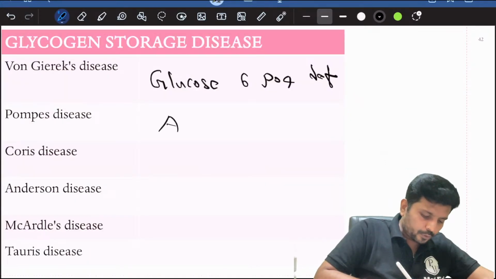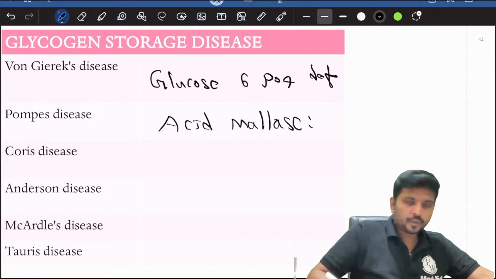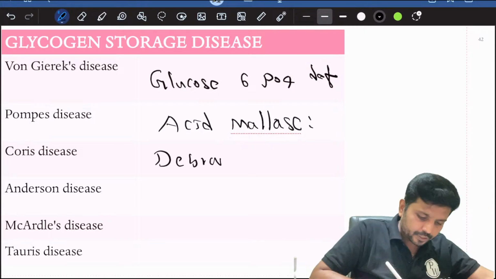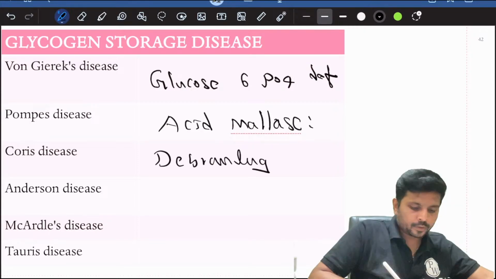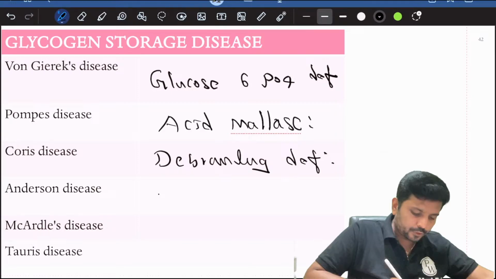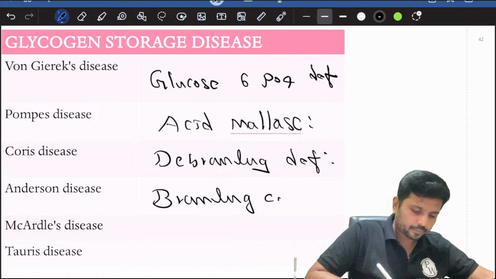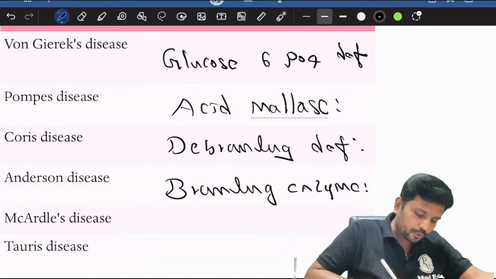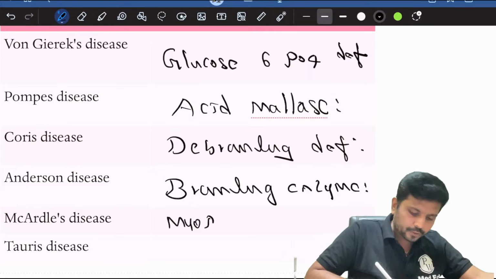Pompe's disease is due to acid maltase deficiency. Cori's disease is due to debranching enzyme deficiency. Andersen disease is due to branching enzyme deficiency. McArdle's disease is due to myophosphorylase deficiency.